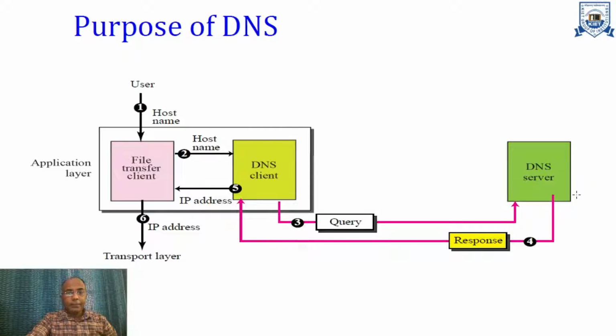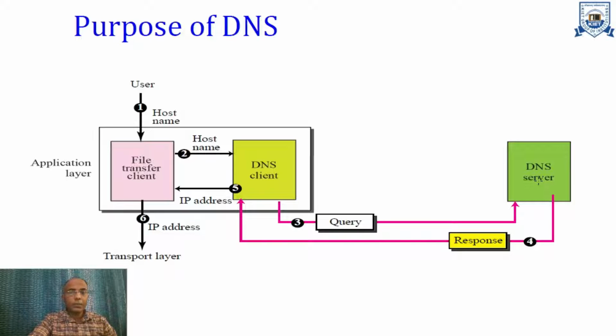With this diagram, we can easily see one application is there. What is an application? A browser, it may be. What does it need? It needs to transfer some request to one particular domain name. So what will it do? The DNS client will send a request to the DNS server. Now what is a DNS server? It has the listing of all the domain names with their IP addresses.